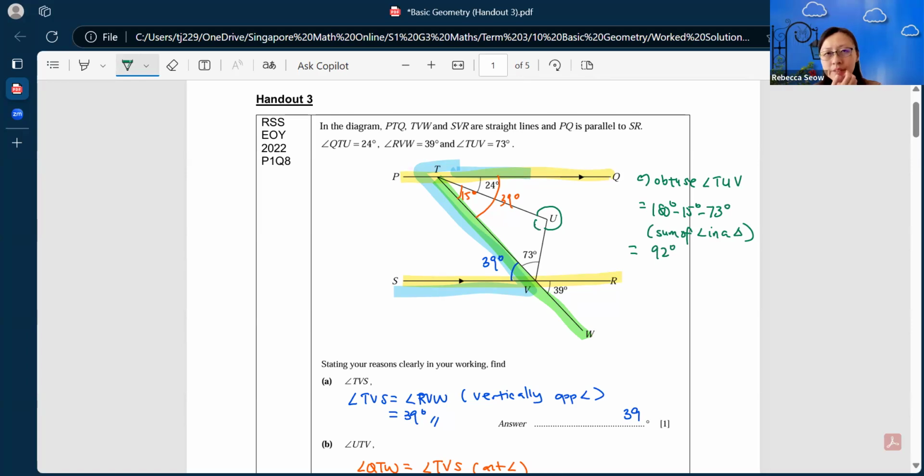Now we can find the reflex angle TUV. We take 360 degrees minus 92 degrees, and our property is angles at a point. So our answer is 268 degrees.